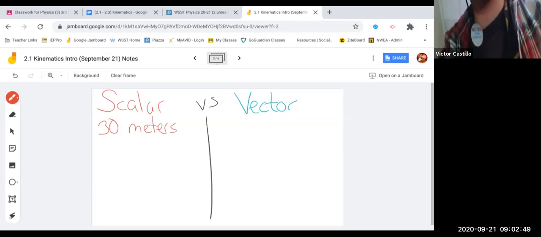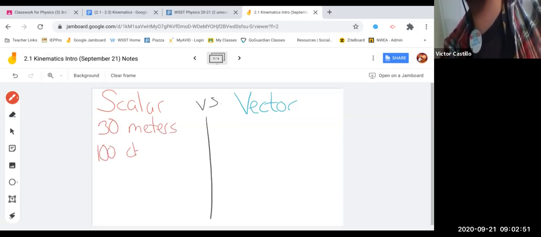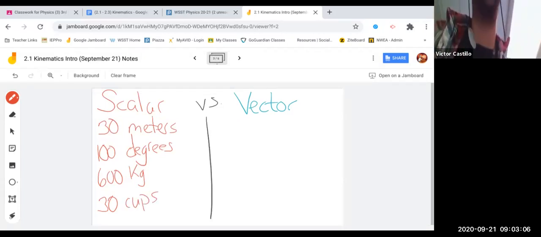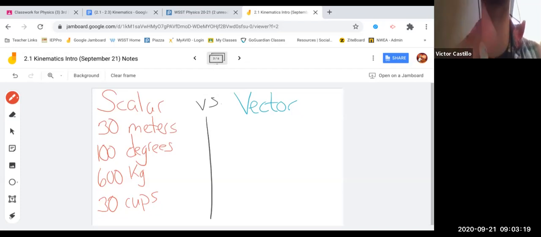Let's say we have 100 degrees. Let's say we have 600 kilograms. Let's say we have 30 cups. Now, none of these have directions. They just have magnitude: 30 meters, 100 degrees, 600 kilograms, 30 cups. Well, 30 meters where? 100 degrees of what? 600 kilograms of what? We need specifics, right?